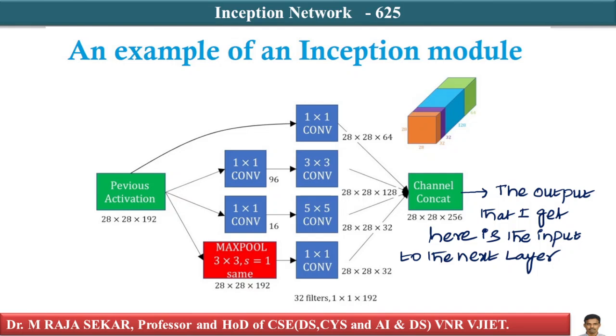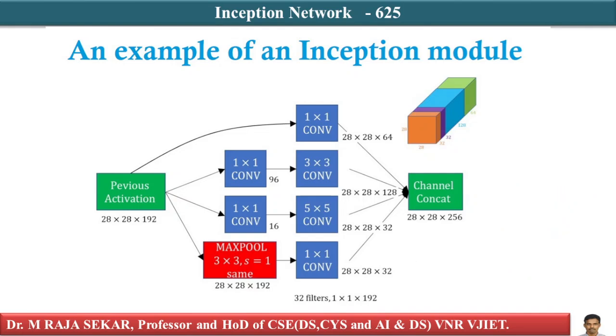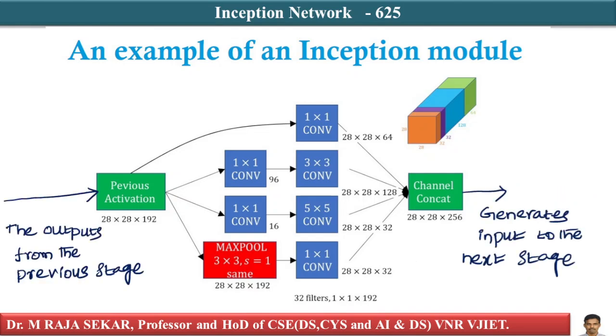This is a cool idea called the Inception module, where I am taking the outputs from the previous stage and generating input to the next stage. Your input is a 3D tensor, and your output is also a 3D tensor.